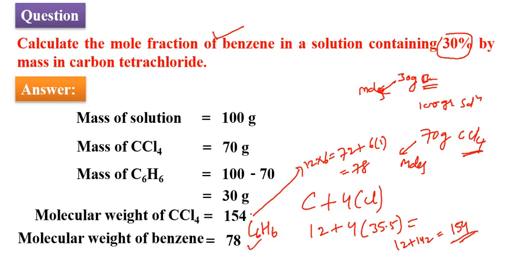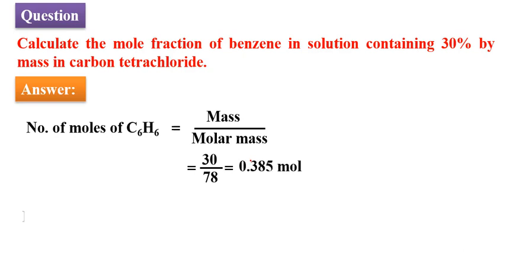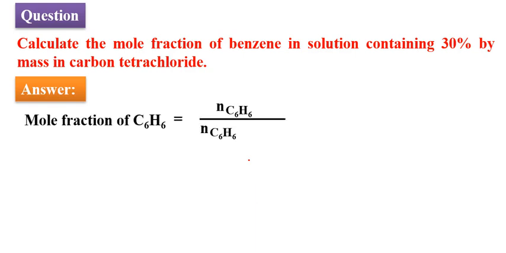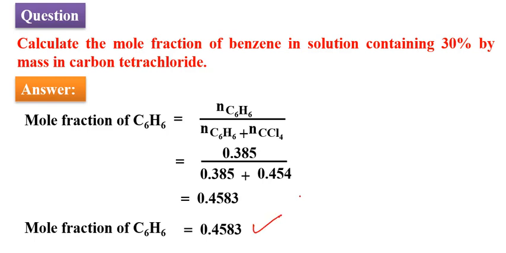Okay, molar mass you have to do like this. Then apply the formula: mass upon molar mass. Okay, calculating moles. After getting moles, then you apply the mole fraction formula. Then you will get mole fraction of benzene. Got it? Okay.